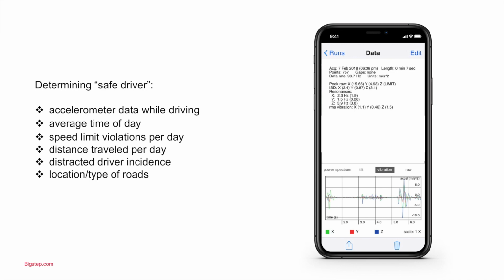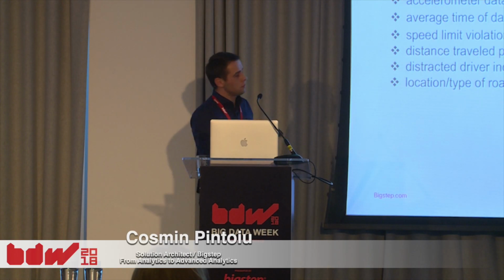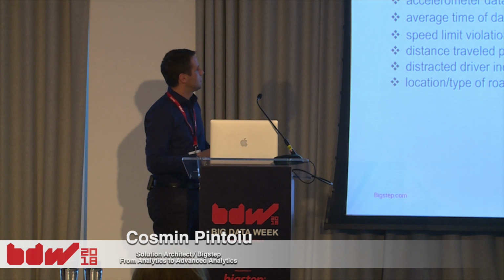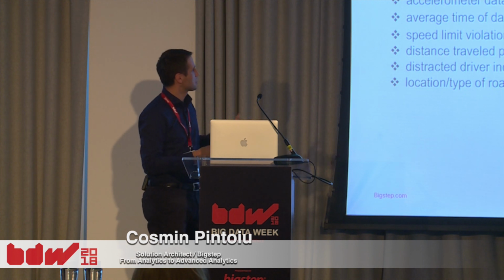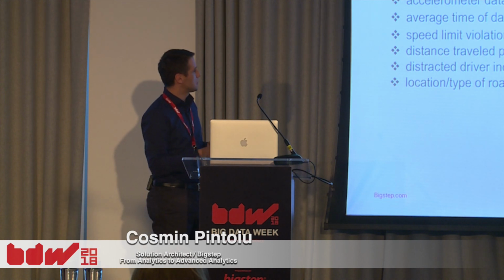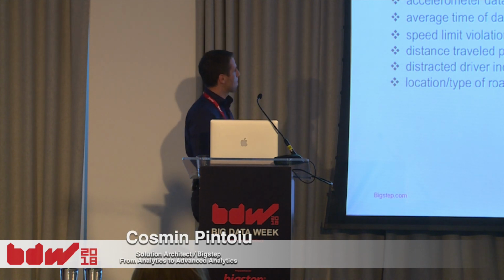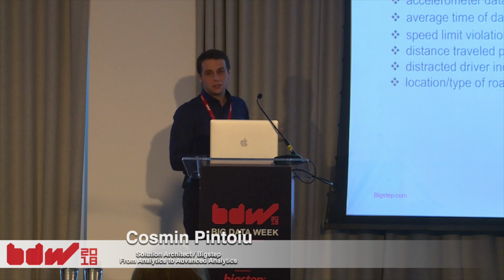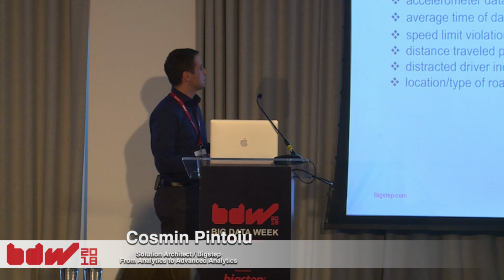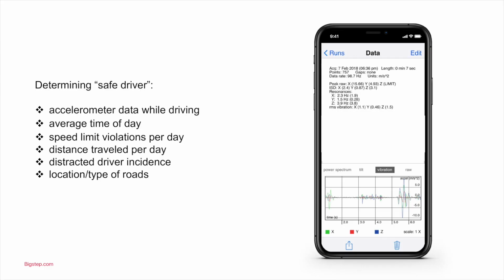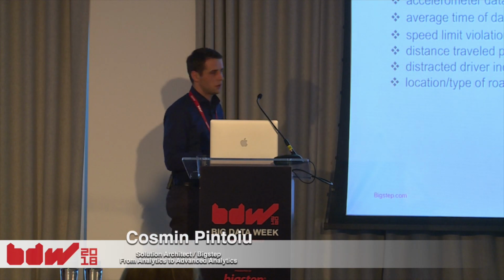in order to determine a safe driver. So obviously we use accelerometer data while driving. We use the average time of the day, speed limit violation, distance traveled per day, distracted driver incidents, which we thought to be your action of opening and utilizing the phone while driving.